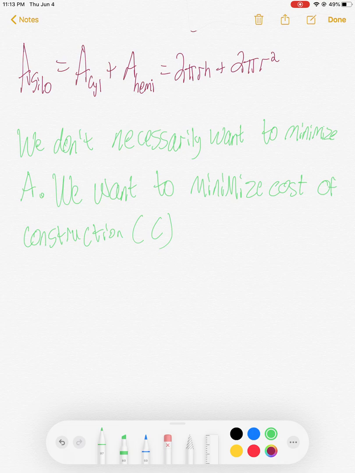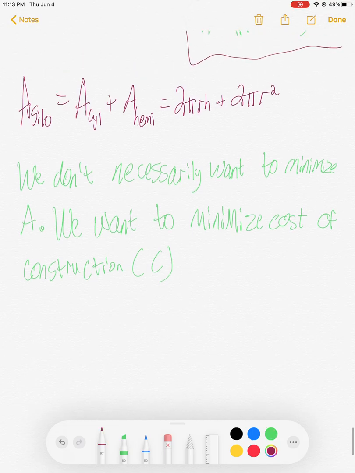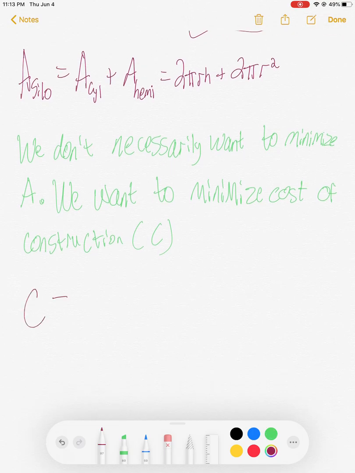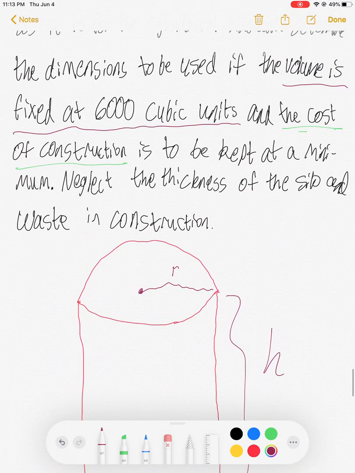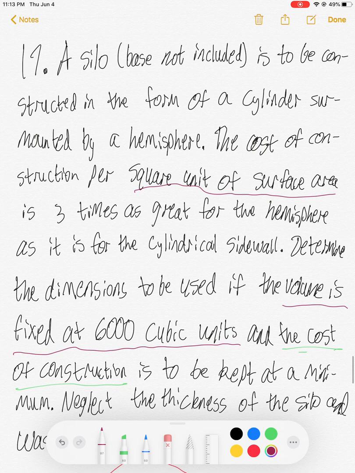We want to minimize cost of construction, so we're actually going to need an equation for that. Let's call this thing C. In some sense, it feels like the cost is just determined by however much area it takes up.